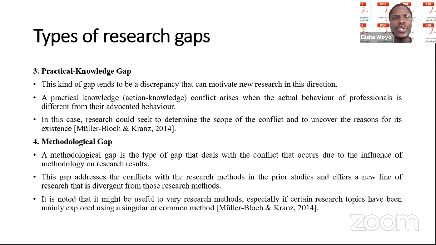So when you spot this kind of mismatch, then people might need to find out, well, why is it like this? Why do we have the behavior of professionals in this direction when it is advocated that they should be doing something like this? So in this case, research could seek to determine the scope of the conflict and try to uncover the reasons for its existence.